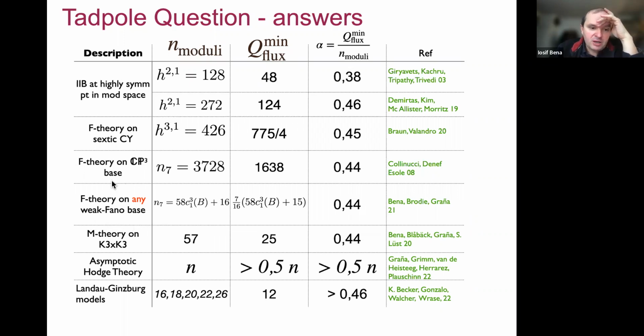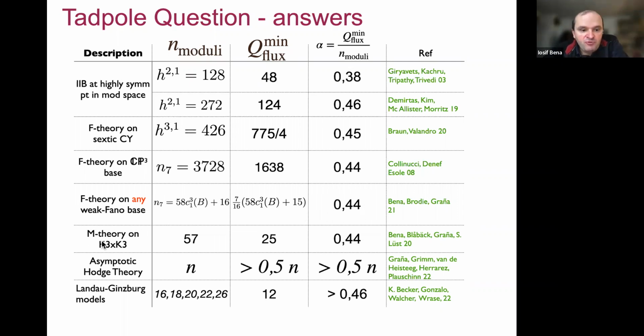So we're talking about an infinite number of manifolds here. The number of the 7-brane moduli goes like the Euler characteristic, the integral of the cubic Euler characteristic of the c1 cube of this background, which is 58 times this plus this number. The Q flux minimum goes like this, and the number is going to be over the 0.44.